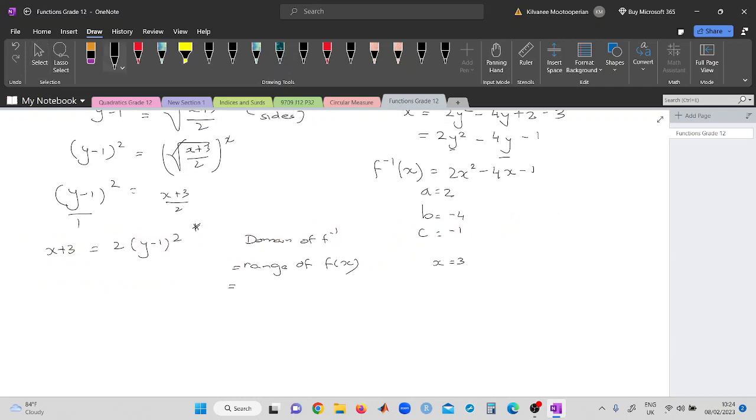Now, if x equals minus 3, what will be f of x?